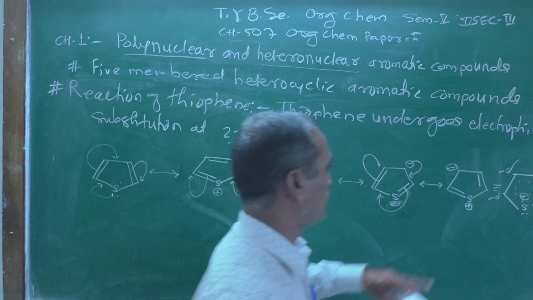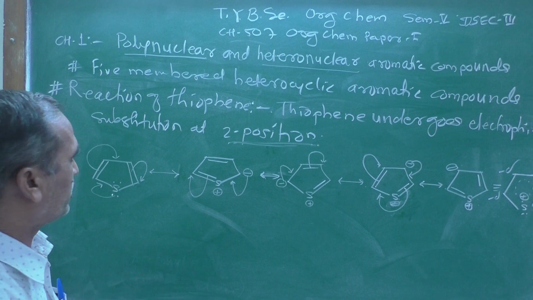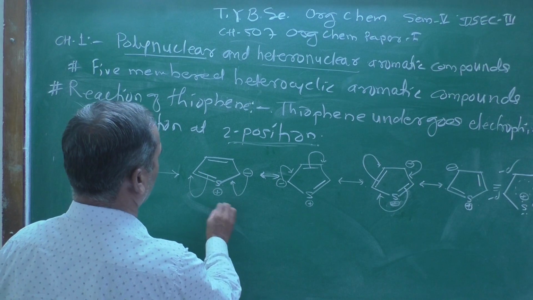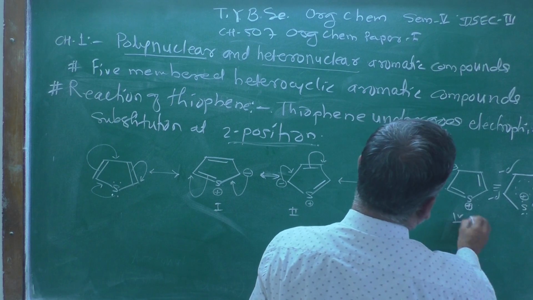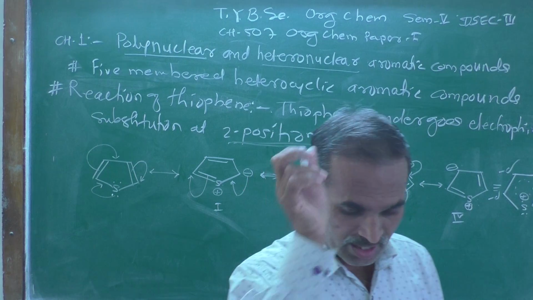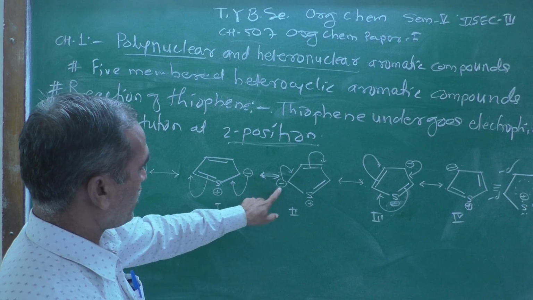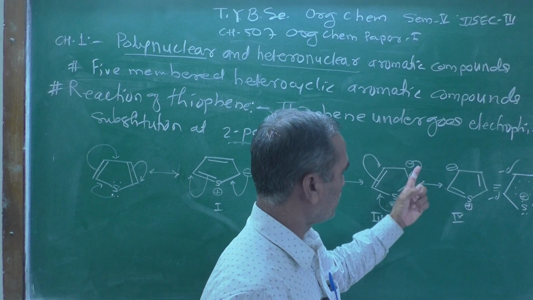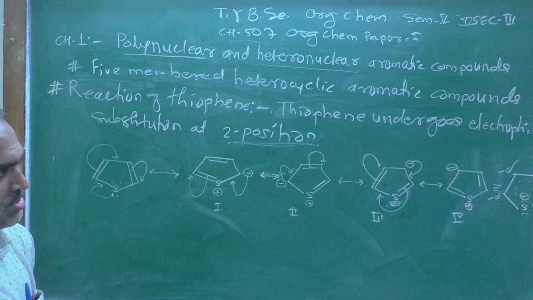This is the hybrid of the resonance structures. If you observe these resonating structures carefully, we can number them: first, second, third, fourth, and the last one is the hybrid structure. In that hybrid structure, look at the first structures: at the ortho position there is a negative charge. Observe structures three and four: at the 3 and 4 positions there will be a negative charge.